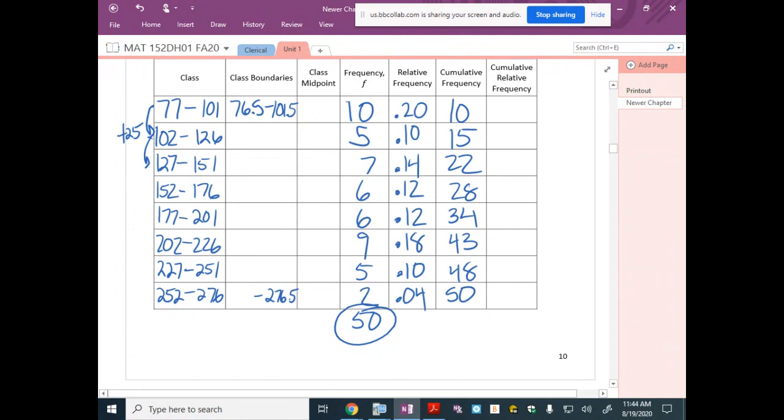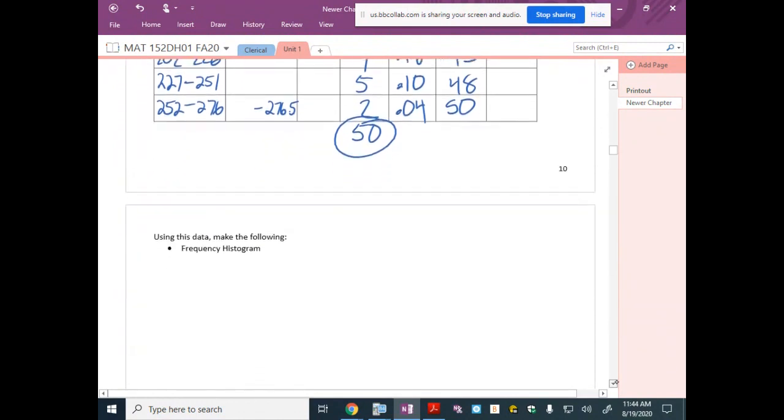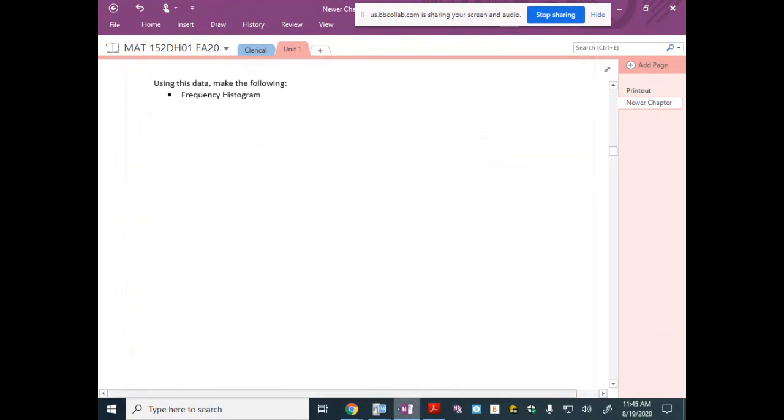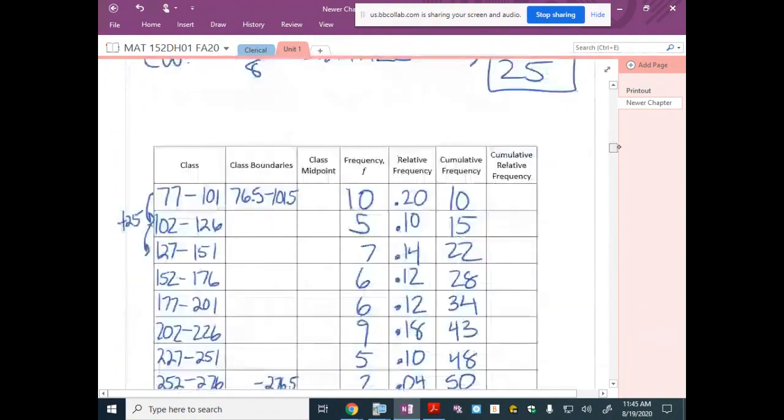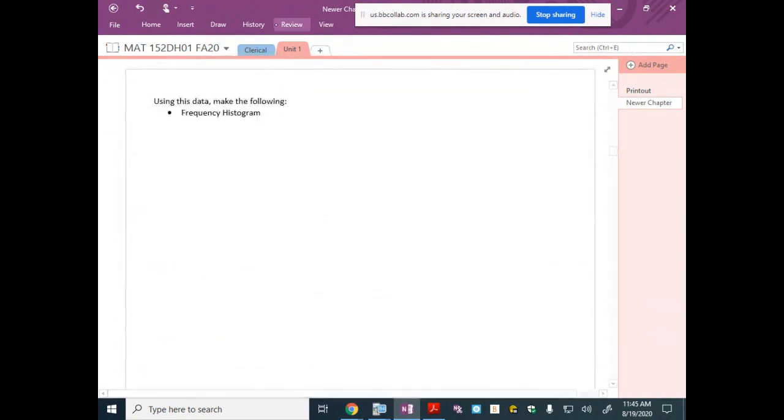And cumulative relative frequency. Because here's the thing, I'm going to do this just a little bit differently. I'm going to put both the frequency and relative frequency on the same thing. So where did we start that off at? It was 76.5, yes.